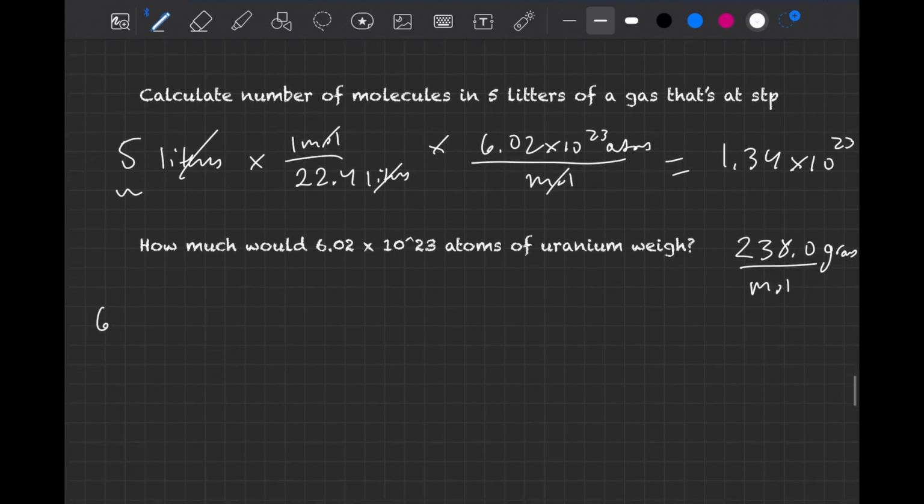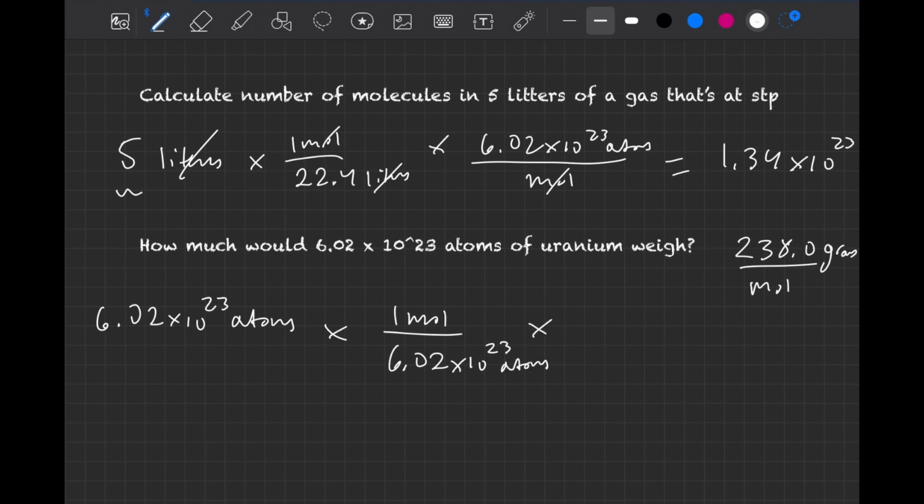So we're going to take 6.02 times 10 to the 23 atoms, multiply by 1 mole on the top, and we know 1 mole has 6.02 times 10 to the 23 atoms. So now the atoms have canceled, and then we would multiply by the molar mass of uranium, which is 238 grams per mole.